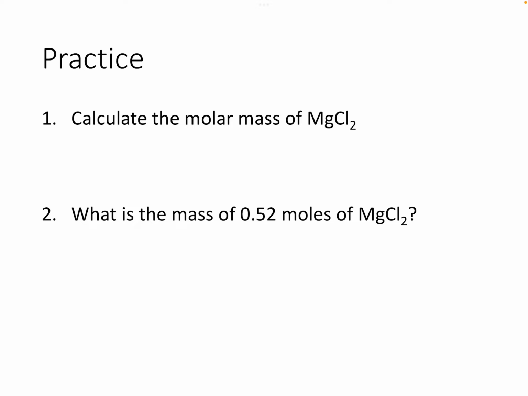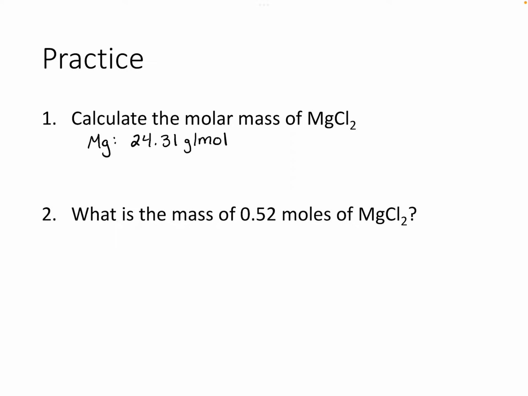All right. So let's start by calculating the molar mass of MgCl2. The mass of magnesium, according to the periodic table, is 24.31 grams per mole, since we're using molar mass here.